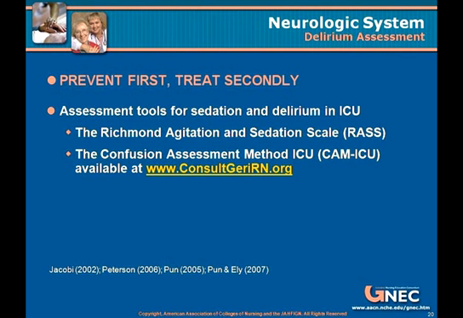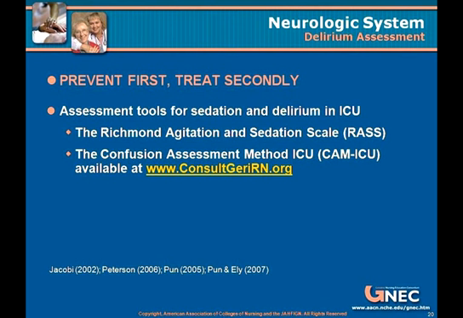And in preventing, we have to continually assess the patients for delirium because it has a fluctuating course. In our morning assessment, we may find that the patient is fine, but by afternoon is testing positive for delirium. I like the Confusion Assessment Method for the ICU, or the CAM-ICU.